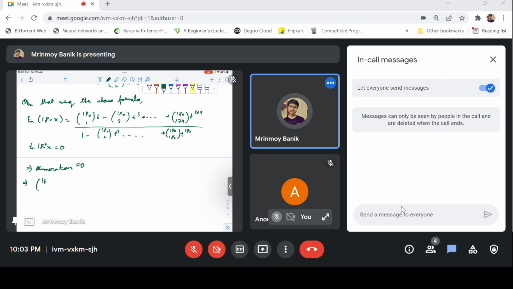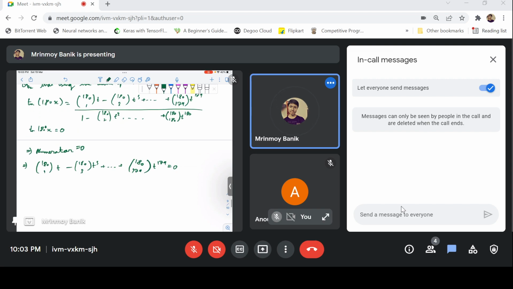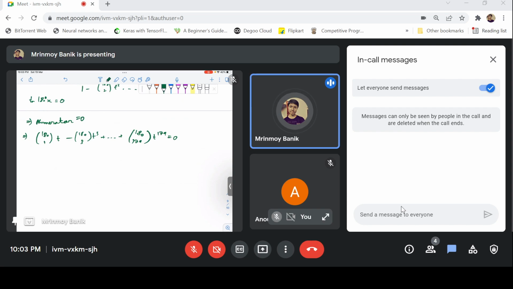That implies this polynomial of odd degrees is 0. That is a real value of tan x. So it has to be real, right? I'm ruling out the trivial solution that x is 0.